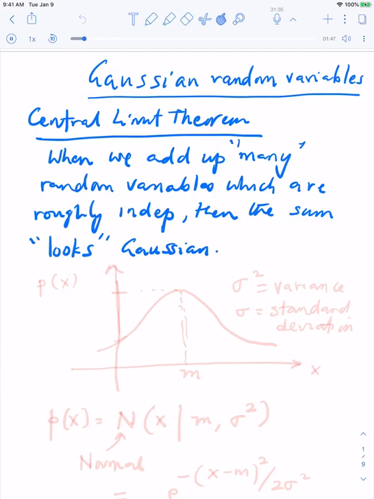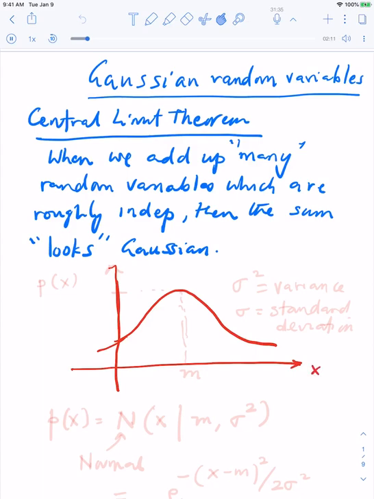So let's look at what the density of a Gaussian random variable looks like. That's a standard bell-shaped curve. So let me draw a bell-shaped curve. I'm going to draw some arbitrary axes here.